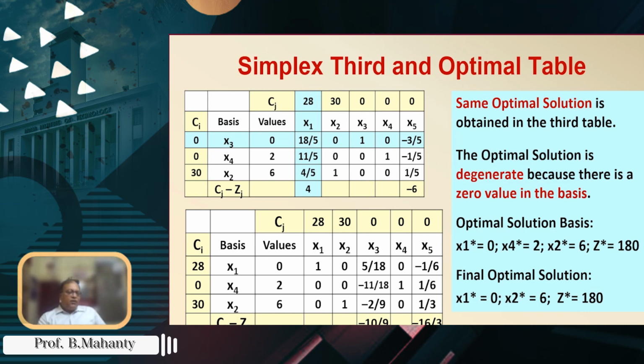We get different points when we choose x5 to leave, and when we chose x3 to leave, we got a different point. So different optimal solutions come out, although it is the same point, because those points are merged. So these are the issues about degeneracy of a problem.